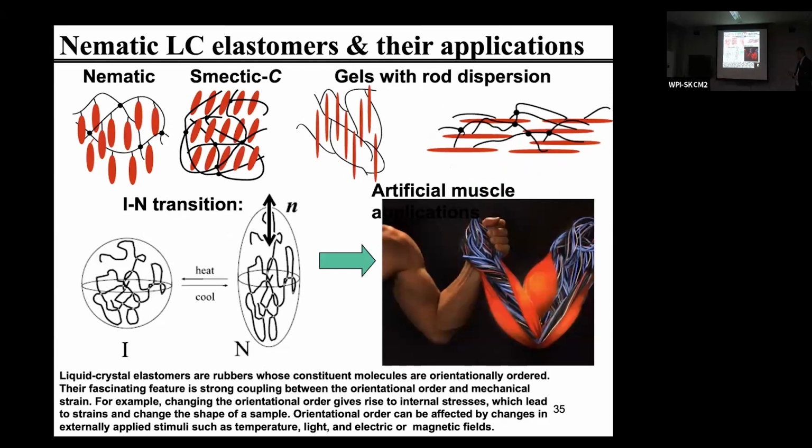And we also know that a particular kind of polymeric systems that is very widely used technologically are elastomers, right, or rubbers of different kind. And you can have liquid crystalline elastomers as well.